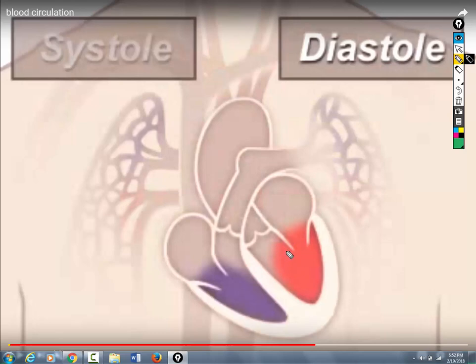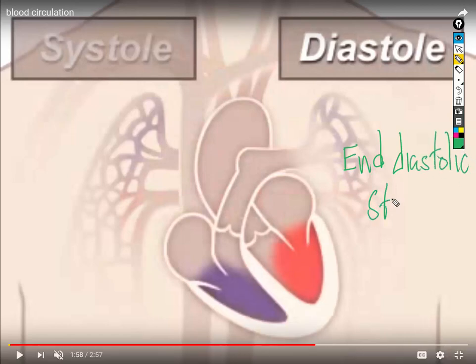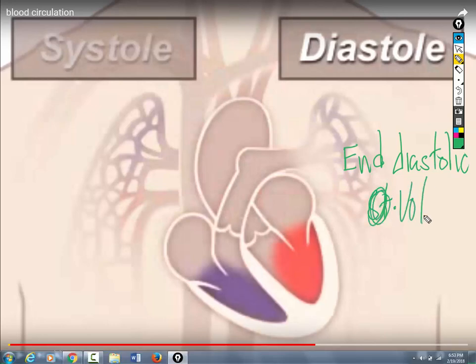What has to happen before systole? You have to end diastole. So the end diastolic volume in the left ventricle is the amount of blood in the left ventricle before it contracts. Say yes. When the left ventricle contracts, it pushes out a certain amount of blood per beat. That blood that's ejected per beat is called stroke volume.